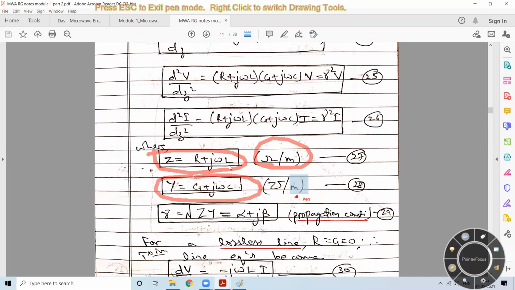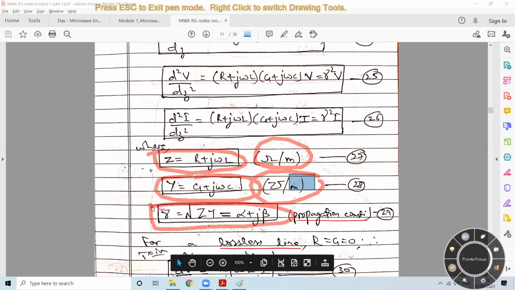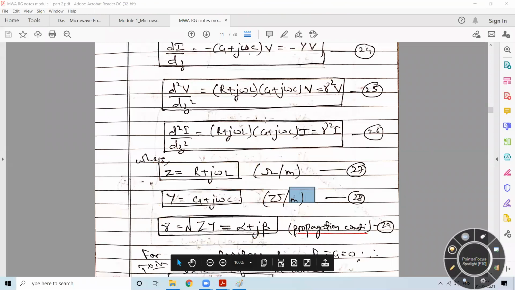Remember R, L, G, C are all in terms of per meter. Now γ is given by the square root of ZY, which is α + jβ. We have a derivation wherein we obtain the equations for α and β in terms of the R, L, G, C components. This is what we have up to this point.